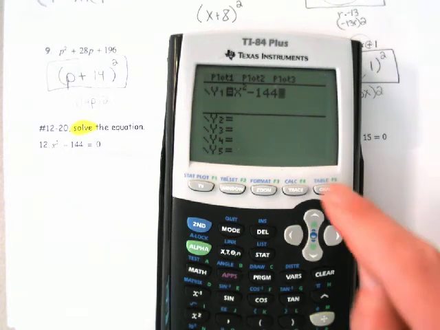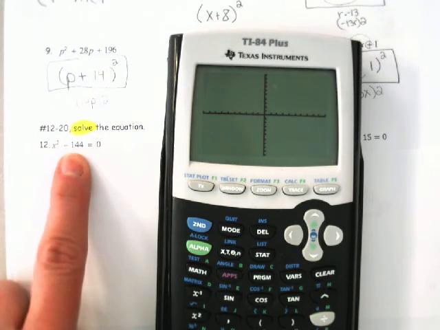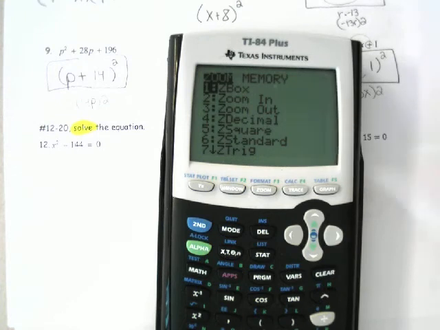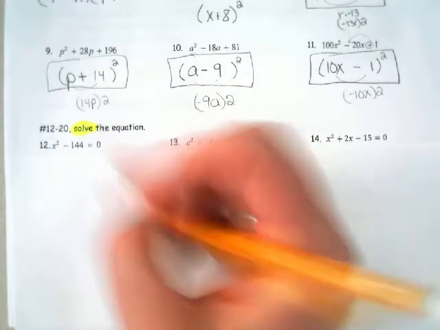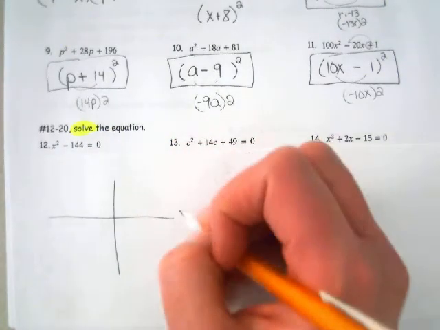The problem is it's probably not going to show on my graph. We haven't done a lot of graphing yet, but let me just show you. You're probably not going to see anything because these numbers are so large. Unless you really want to sit here and play around with the zoom feature, this is going to be extremely difficult to do in the graphing calculator.